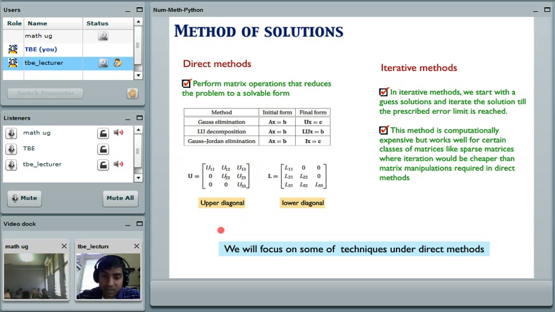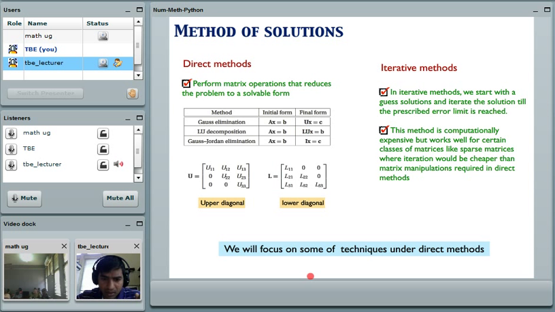Similarly, you have matrix L, in which instead of the lower part being 0 as in U, the upper part is 0, which means you have non-zero values only in the lower triangle. This is the very simple framework I'm going to stick to for the next 20 slides or so.